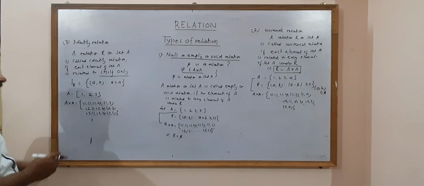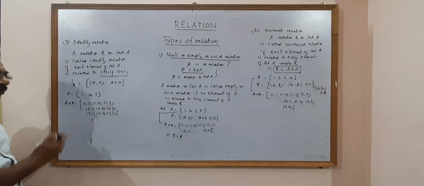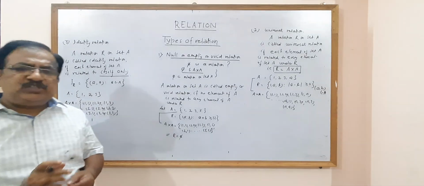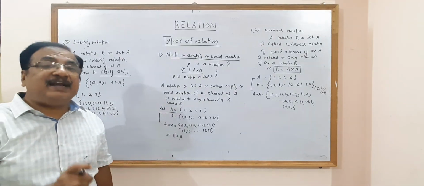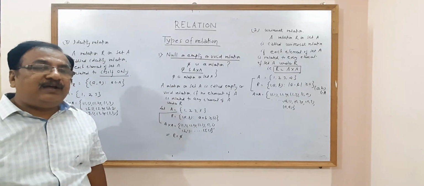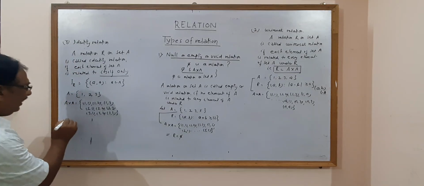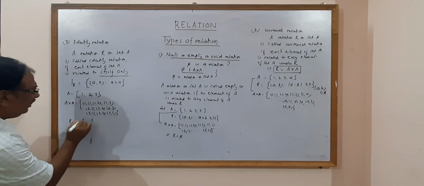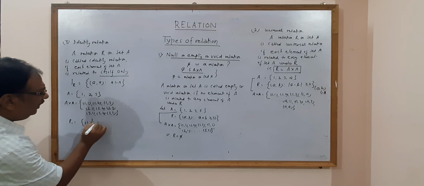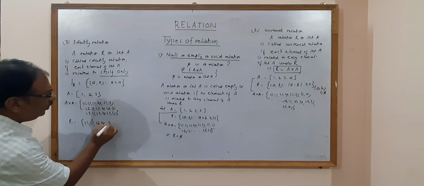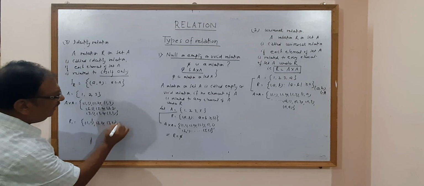We are picking the ordered pairs in which one element is related to itself only. That means R1 is equal to {(1,1), (2,2), (3,3)}.